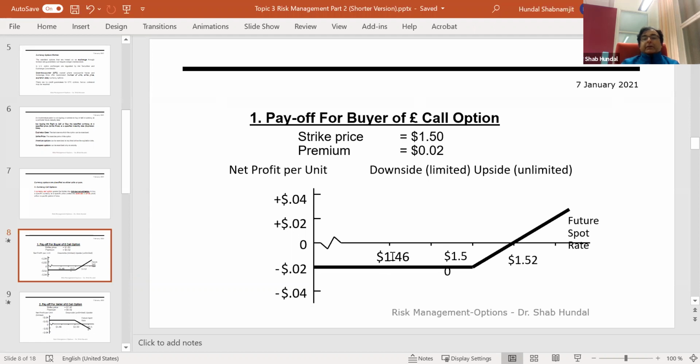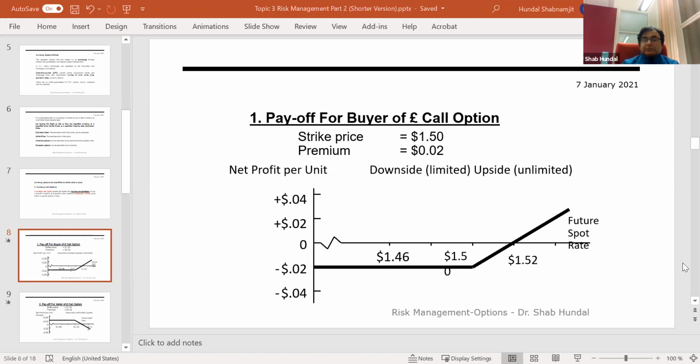When you're considering whether to exercise the option and you find that the market price is 1.46, please tell me, when the market price is 1.46, whereas your contract price is 1.50, will you be exercising the option or not?